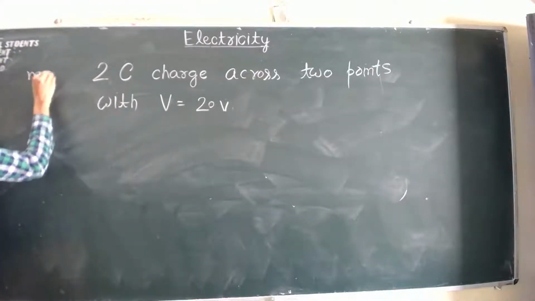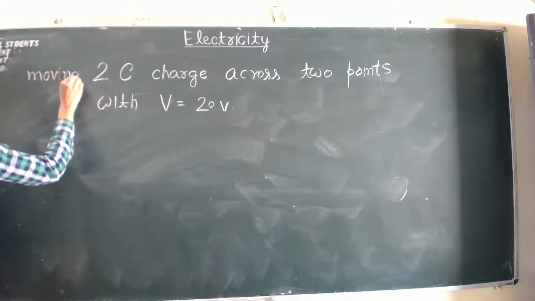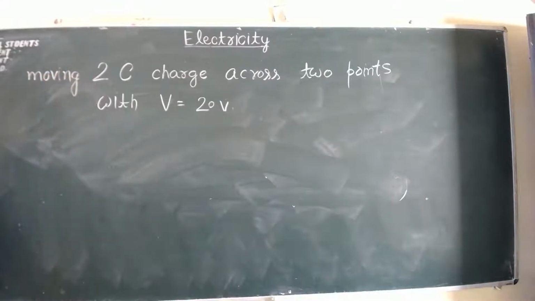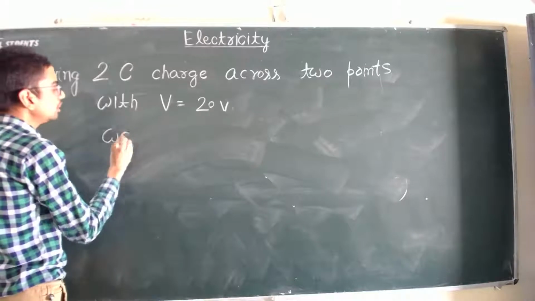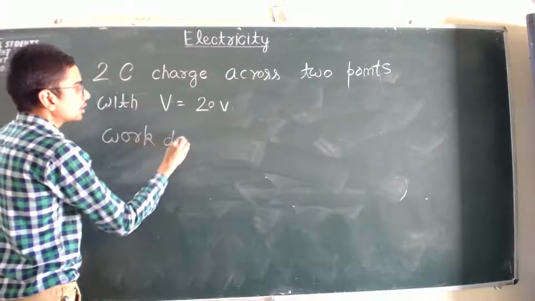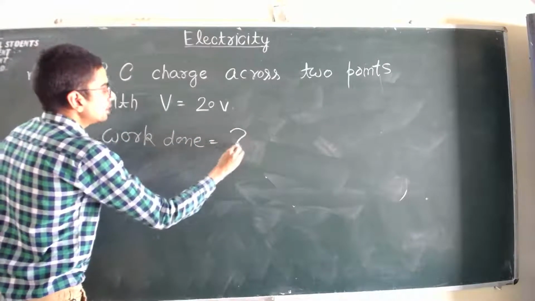Moving a 2 coulomb charge across 2 points with V equal to 20. Find the value of work.